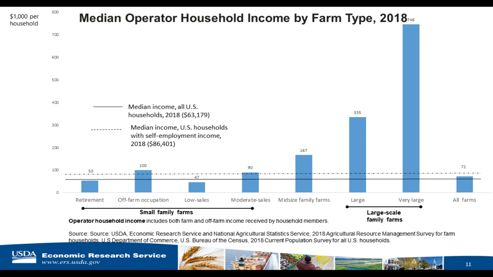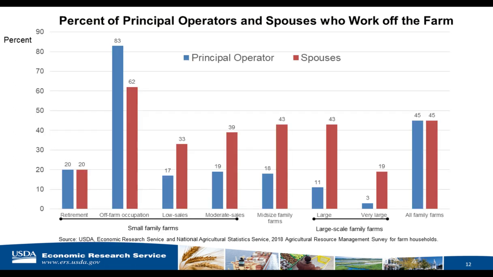So now that we've talked about farm income, let's talk about this important aspect of off-farm income and see what percent of principal operators and spouses are working off the farm. Many family farm households combine farm and off-farm income to generate income and receive other benefits from an off-farm job.